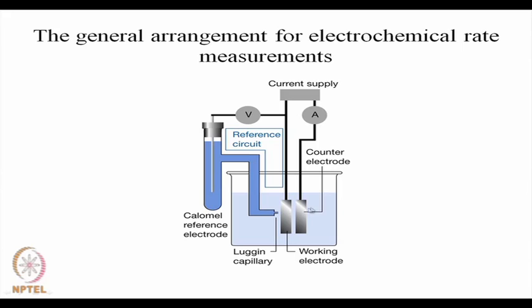Therefore, the concentration of certain substances, or maybe the electrode, is getting altered, so the electrode potential accordingly changes. You have to measure how that electrode potential is changing, either as a function of time, that is how much time is required, or as a function of your current supply. So, you draw a current potential diagram.